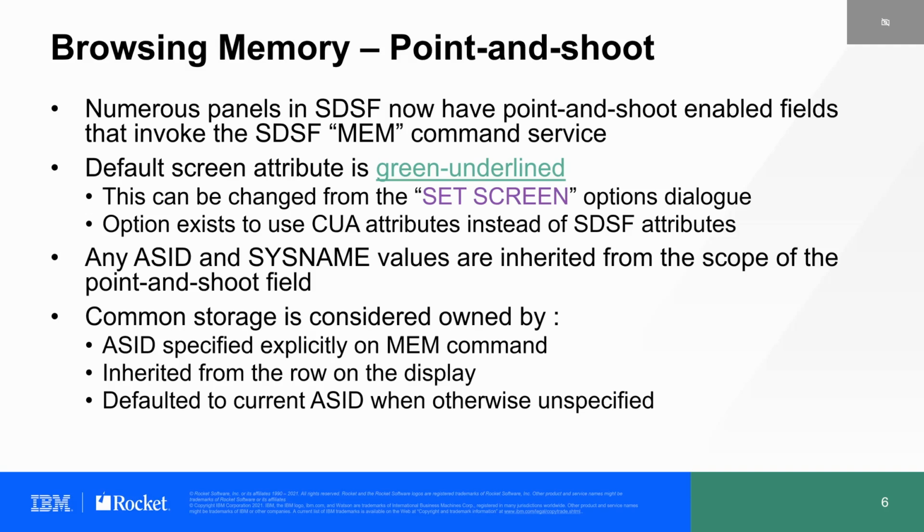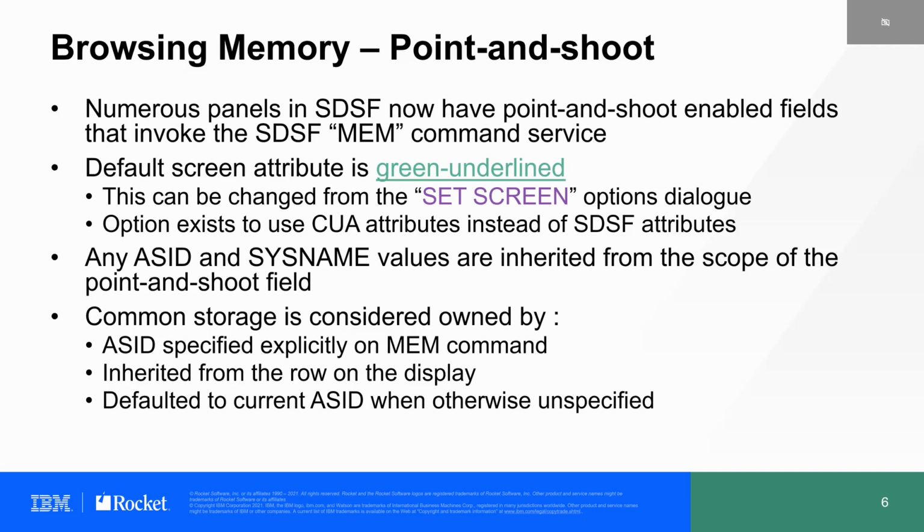I've tried to make this by default stand out a little bit more from the other point and shoot fields, so that we have a default screen attribute of green and underlined, and it matches some of the tools that I used to use as a systems programmer, in tools that I actually wrote back in the old days. I quite like that. But if you don't like it, you can change it from the set screen options dialog.